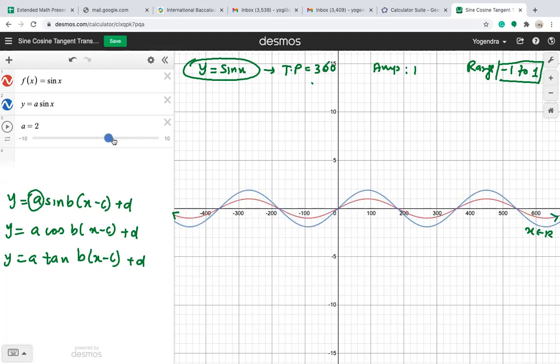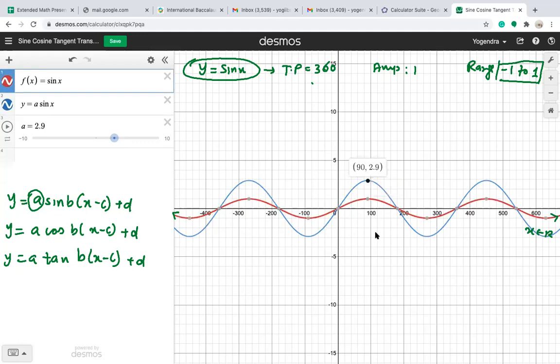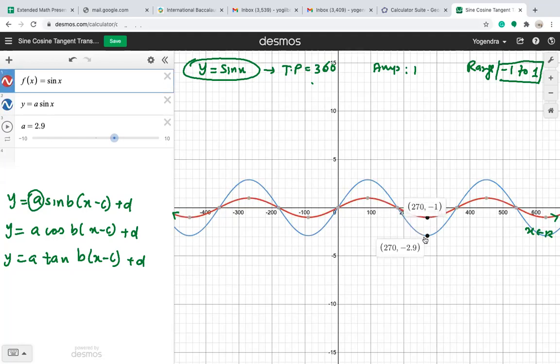If a is 2, or let's say 3, for example, if I put a as 2.9, you notice the amplitude of the graph is now vertically stretched by a factor of 2.9, since my a is 2.9. So the amplitude also becomes 2.9. Whenever you have such a situation, a is the amplitude, or you can say a is the vertical stretch factor.